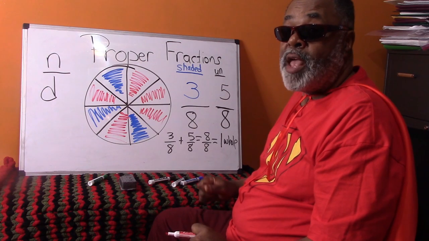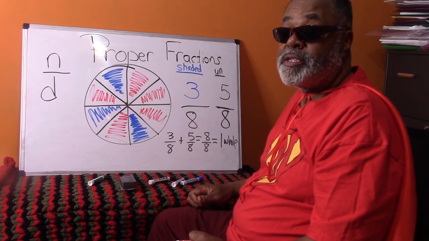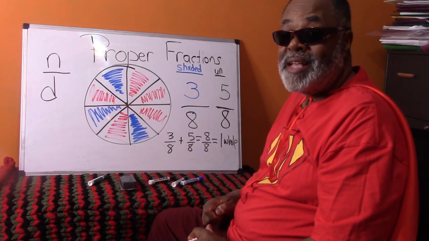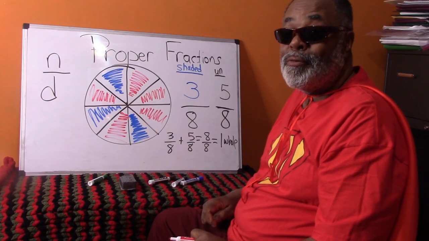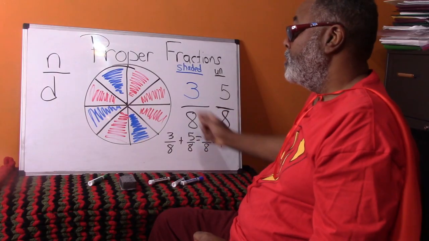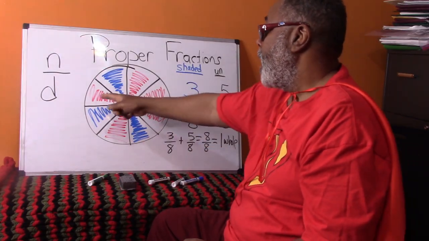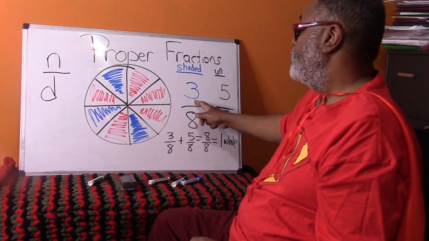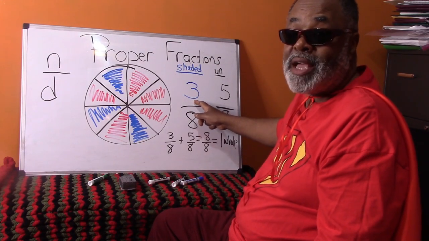Know that when you're talking about proper fractions, you're talking about two fractions that are each less than 1 whole, because it takes both of them to make 1 whole. So now you can see why this is a proper fraction. 3/8 is a proper fraction because the whole thing is not shaded.